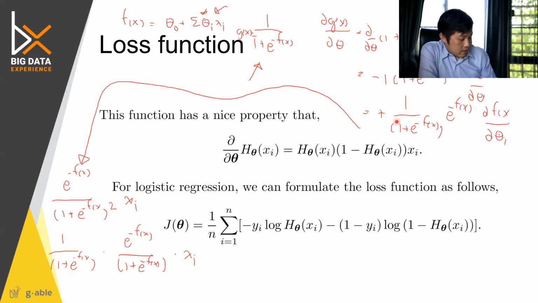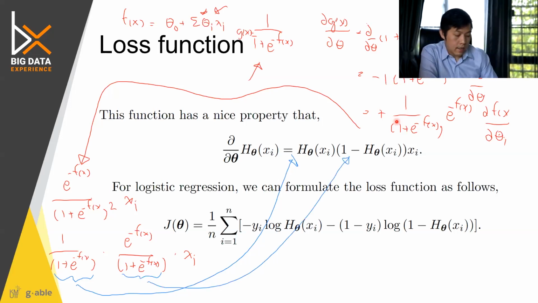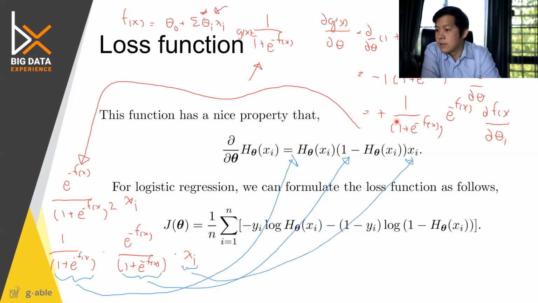The first term is hx. And you can find out yourself that the second term here is 1 minus hx. And the last one is the xi here. Okay, so the derivative of the logistic function gives you a nice property that you have the same form, right?